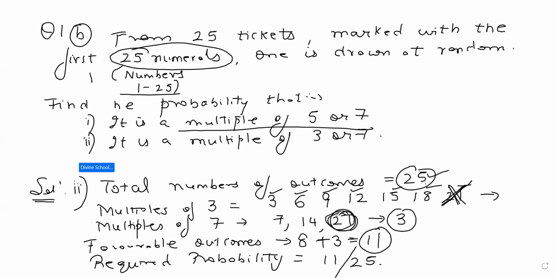So how many outcomes are there here? 1, 2, 3, 4, 5, 6. So 6 plus 3. And I forgot 24. Let me erase this and let me write 24.